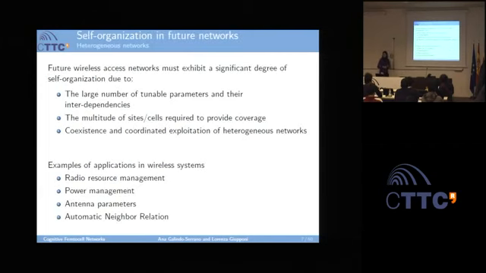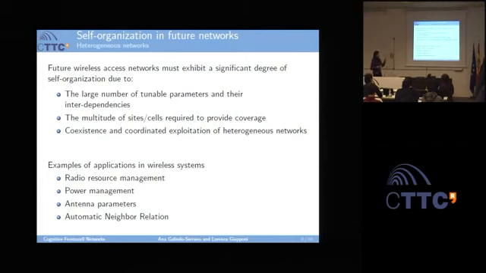So in future wireless networks, we will require the introduction of a significant degree of self-organization capabilities due to the large number of tunable parameters and their interdependencies, and also because we will require multiple cells in order to give the required coverage and the capacity that new applications require.